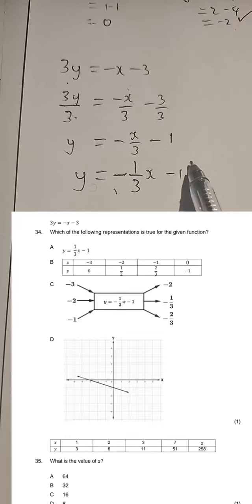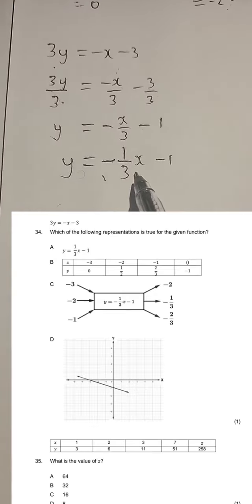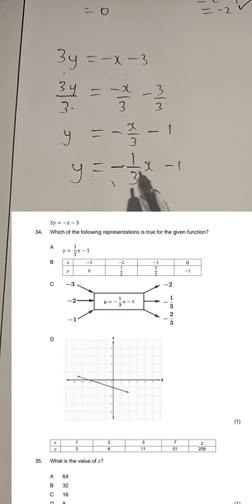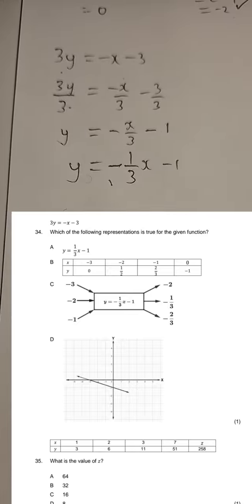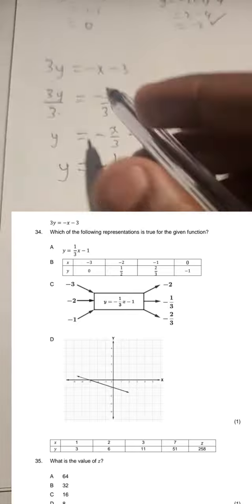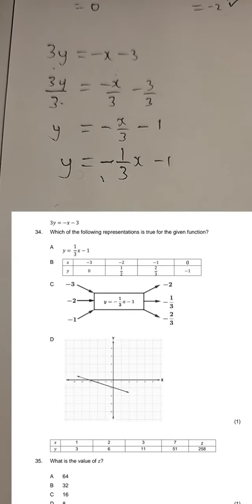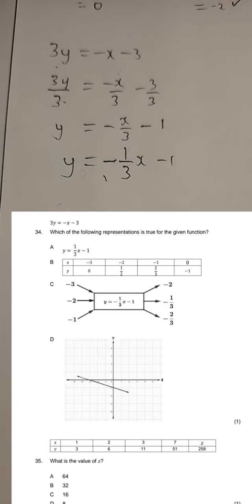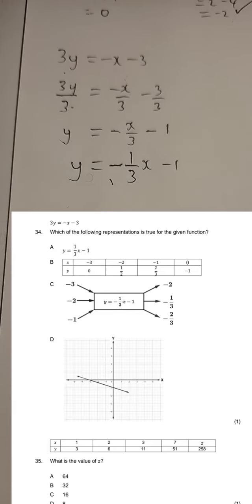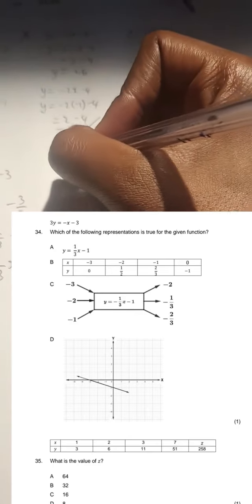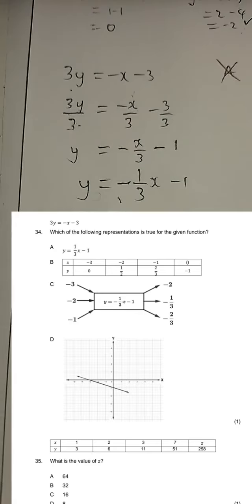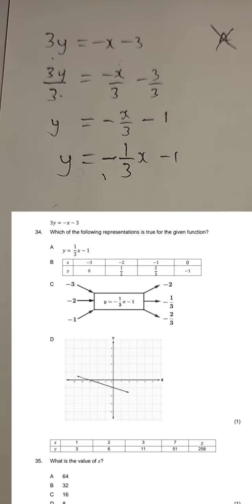Now, if we look at this form, does it represent what you see in A? y is equal to 1 over 3x minus 1? No, it doesn't, because this one has a negative. A has a positive 1 over 3. So A is not the answer. A is not the representation of this linear function.